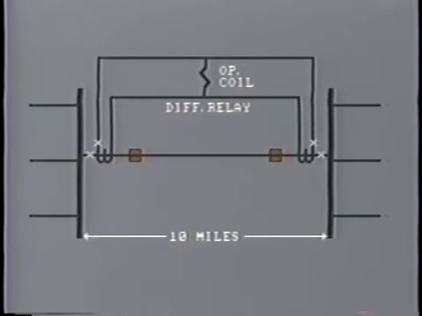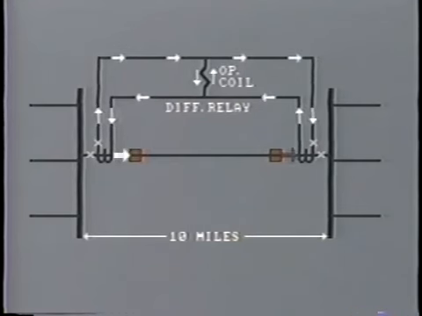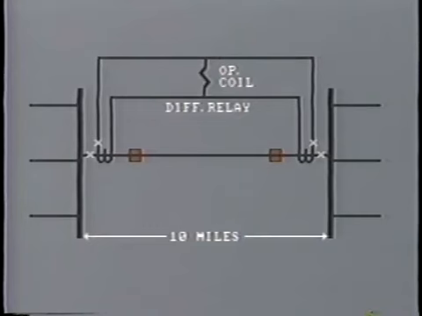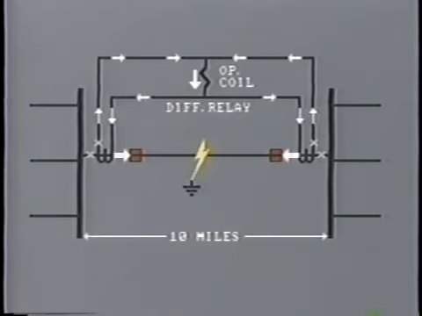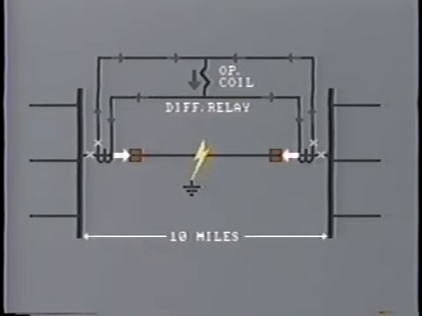Employing the well-known differential principle, this would compare the current entering the line with the current leaving. For normal operation or even a through fault, these currents would balance and no current would flow through the relay operating coil. However, in the event of any internal fault, this balance would be upset and current would flow through the relay operating coil and trip the breakers at each end of the line.